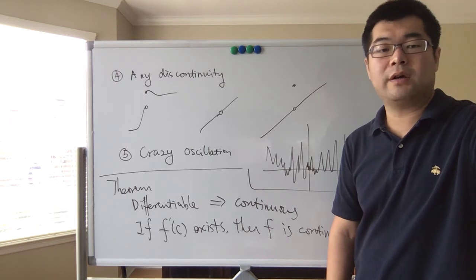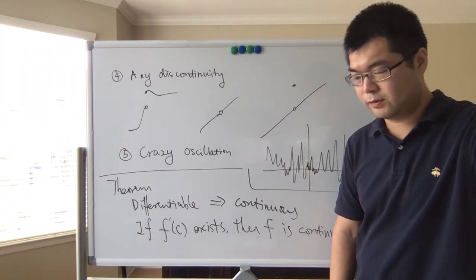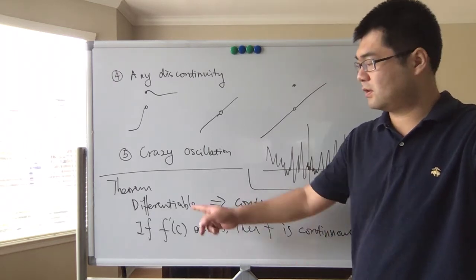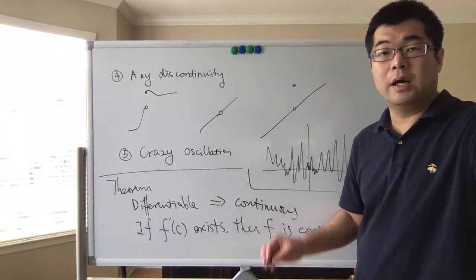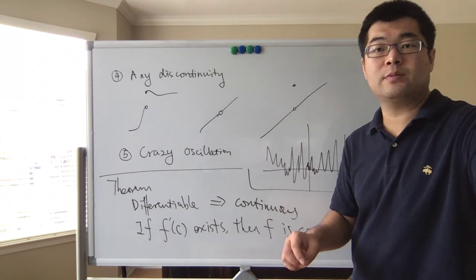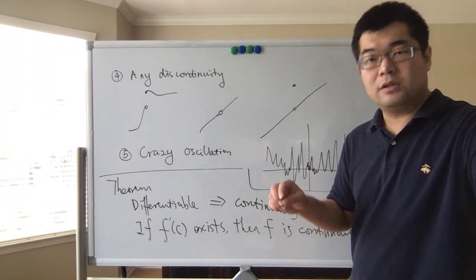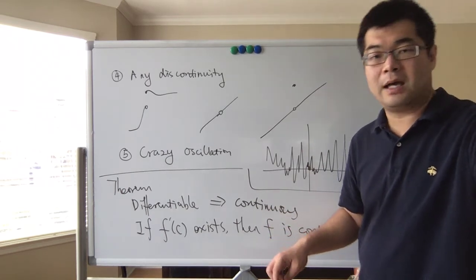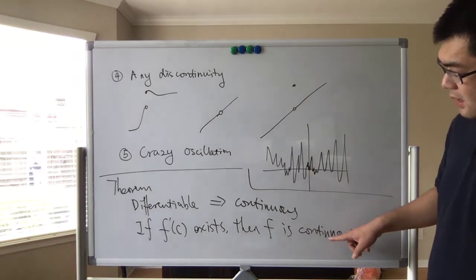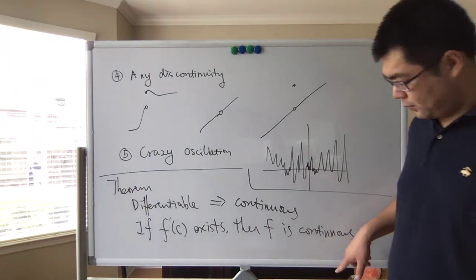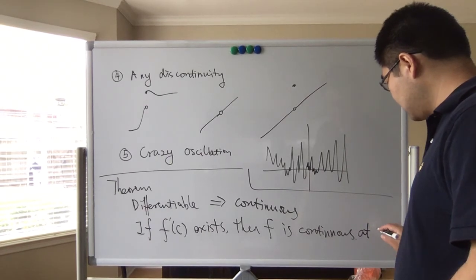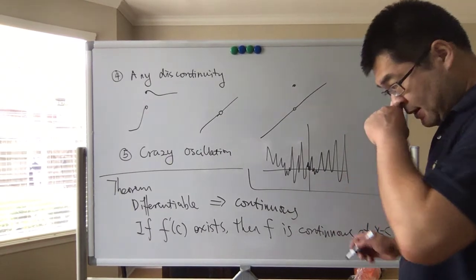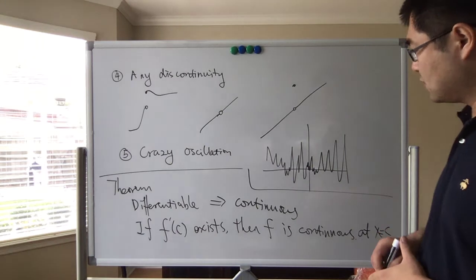And there is a very simple but powerful theorem which is differentiable implies continuous. Meaning, if a function is differentiable at a point, you can definitely conclude that the function is continuous at that point, okay? So if f prime of c exists, then f is continuous at x equals c.